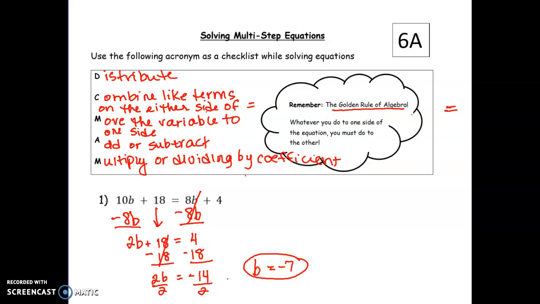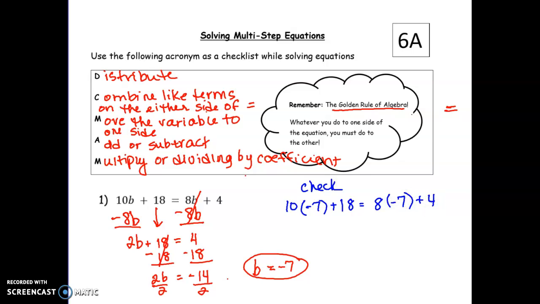Now, what's really nice about solving multi-step equations is once you get your answer, you can do the check step. And this is really important. You take your answer and plug it back into the original equation. So 10 times, instead of having a b, we're saying b is negative 7, plus 18. Does that equal 8 times negative 7 plus 4?